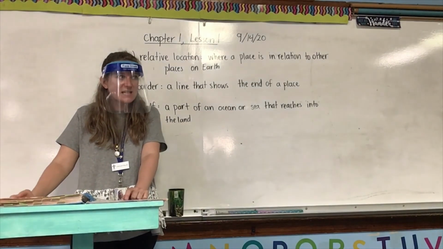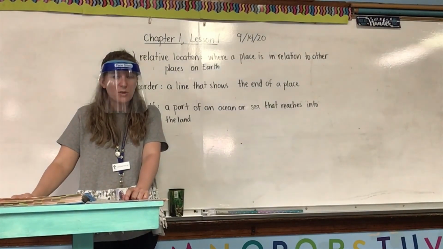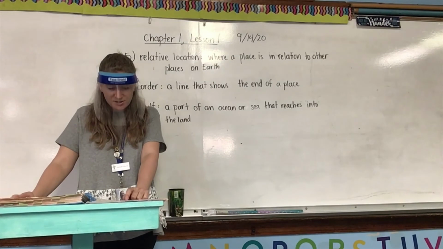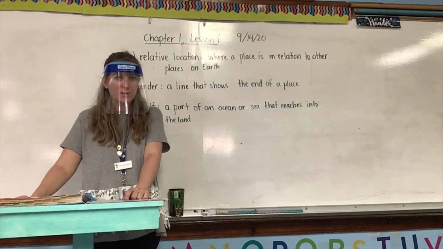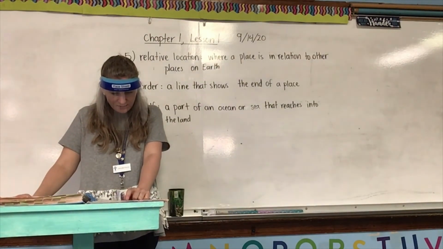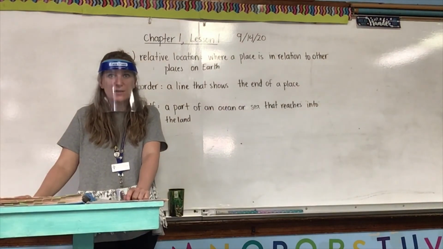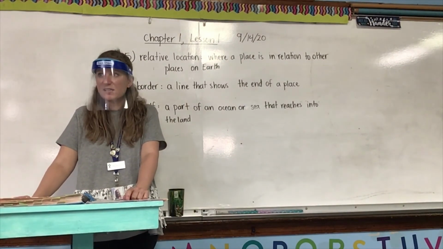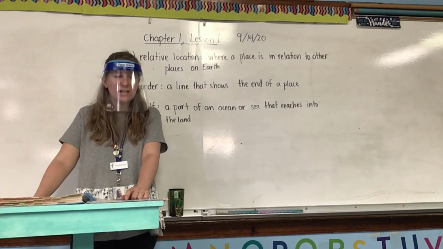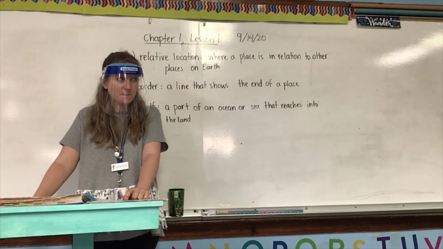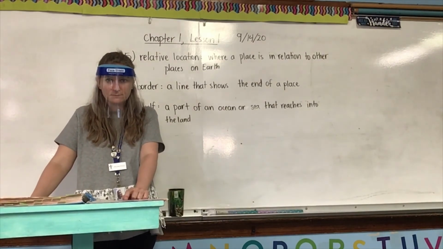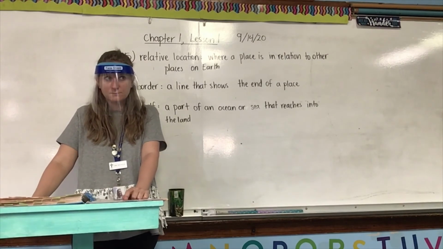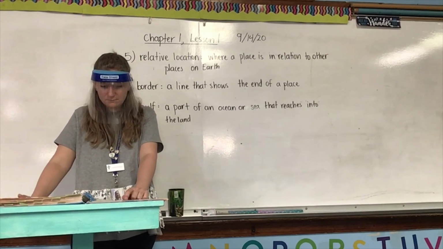Now Mexico is not the only thing at our southern border. What else is at our southern border? So look at our bottom border. Now this doesn't have a name, but we just talked about what it is. We see that Mexico is part of our southern border, but what else is part of our southern border? It just said it.